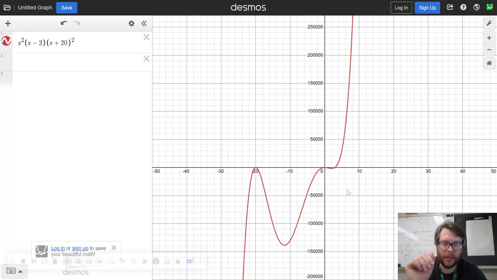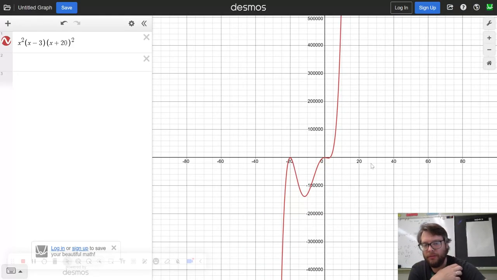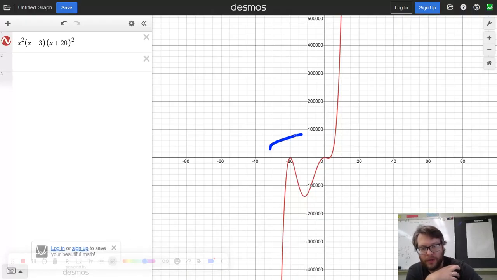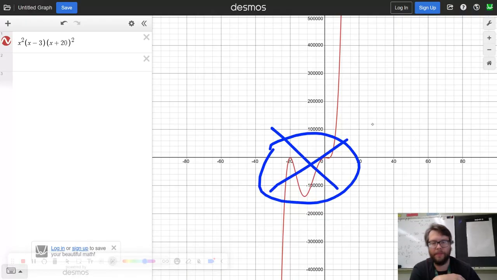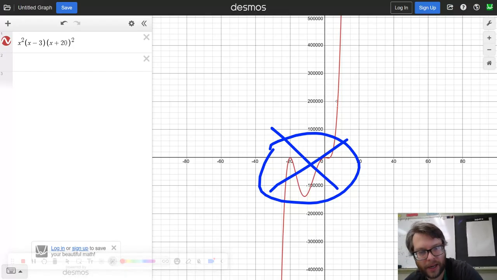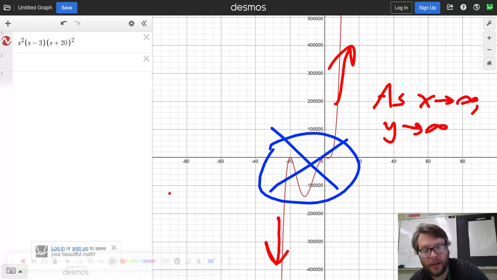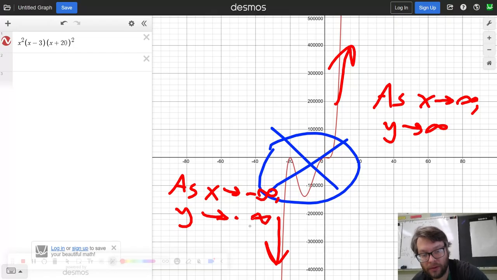All right, so again, I am not looking at the interior in this video. We're ignoring this. Don't worry about that. What I am looking at is the fact that as I go to the right, I go up, and as I go to the left, I go down.